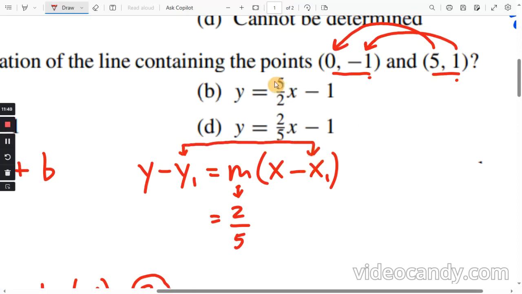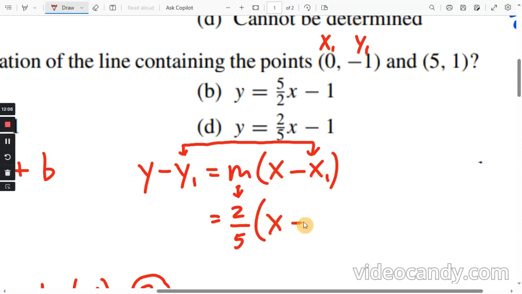Since one of the points has a 0 in it, I'm going to go with that one. It doesn't matter, but I'm going to go with this one, x1 and y1. So we have 2/5 times x minus x1, which is 0. And over here we have y minus y1, that's going to be y minus -1.